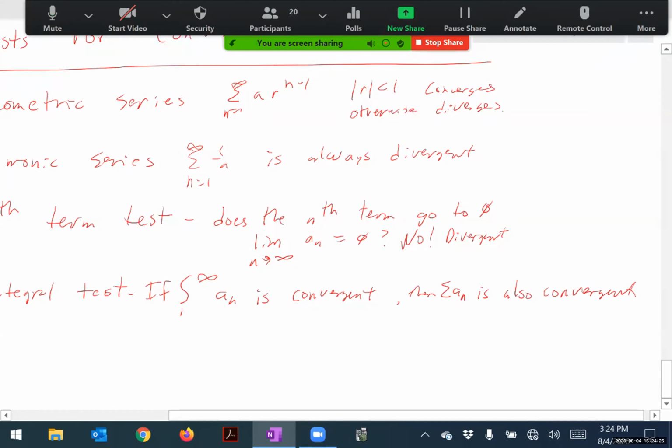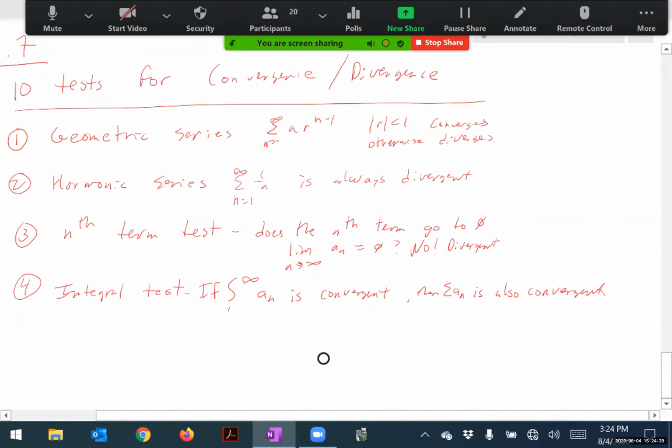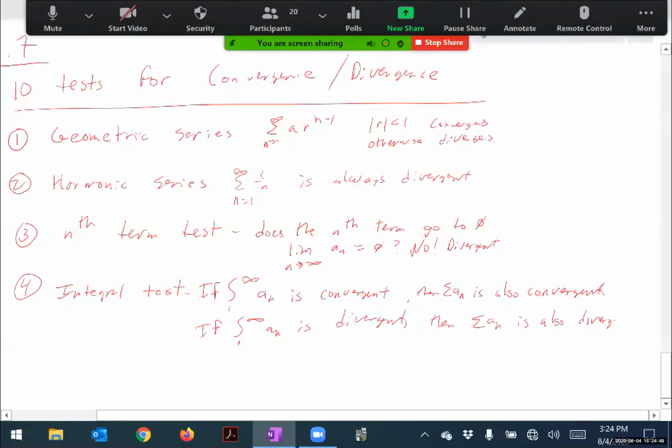That's the integral test. Oh, and if it was divergent, then it's divergent. If the integral from 1 to infinity of a sub n is divergent, then the summation of a sub n is also divergent.